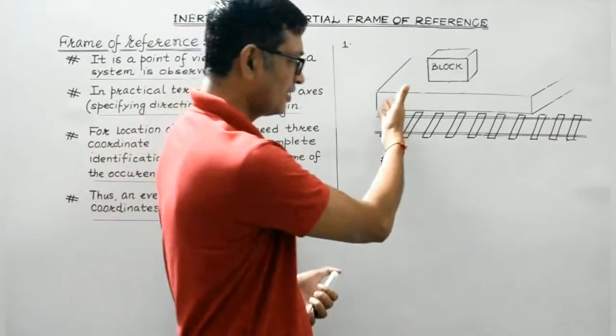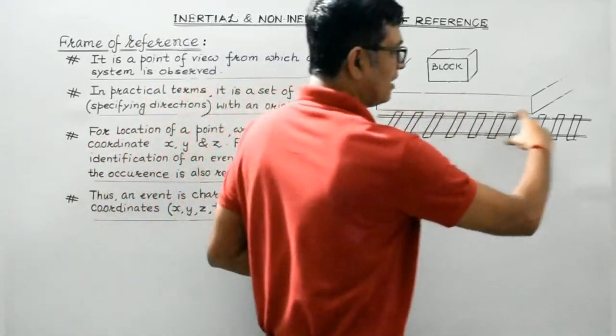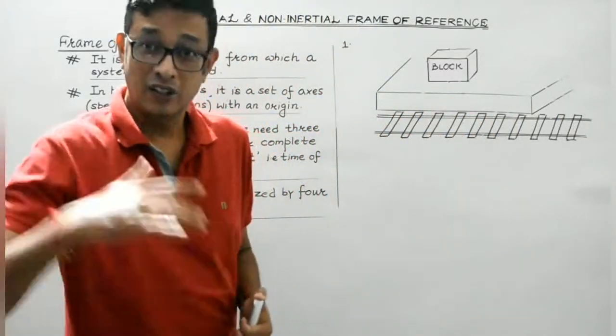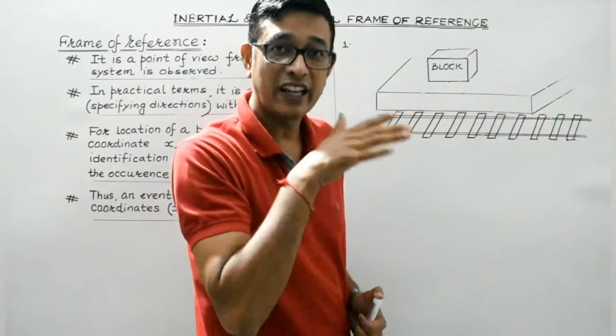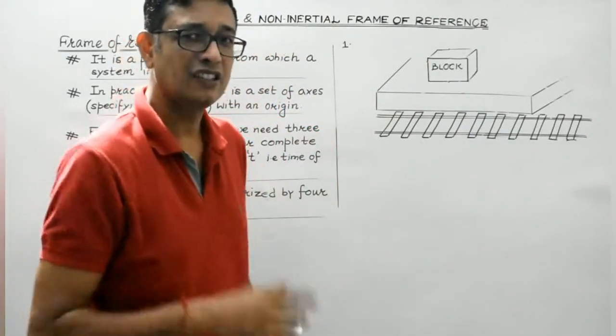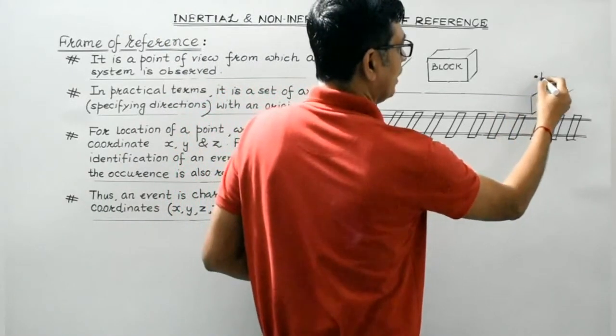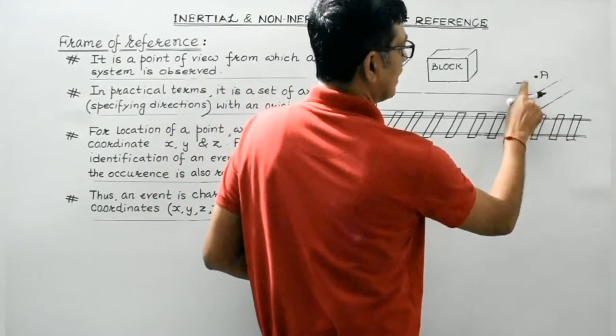Right? It's supposed to be a railway platform. And let us consider this to be the track, railway track, through which a train runs. Right? So, let us consider three different observers. This is observer A, who is at rest.